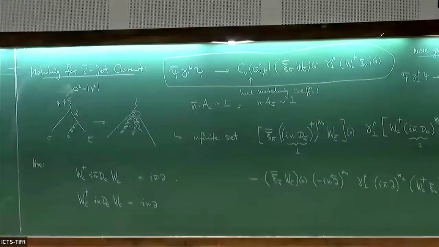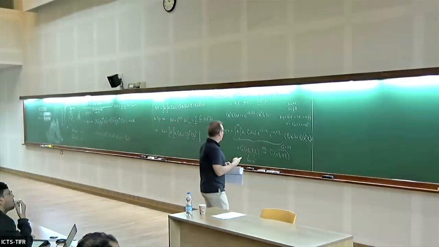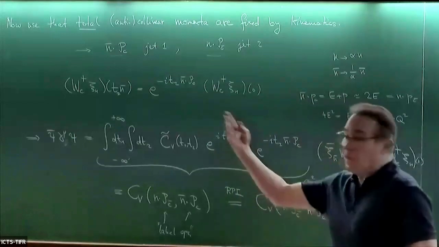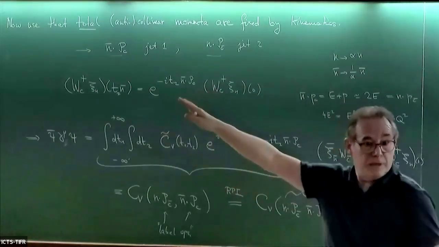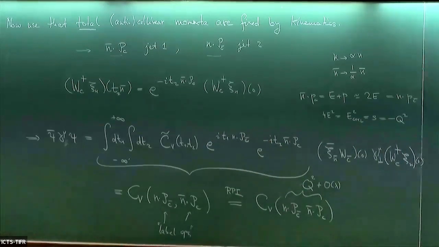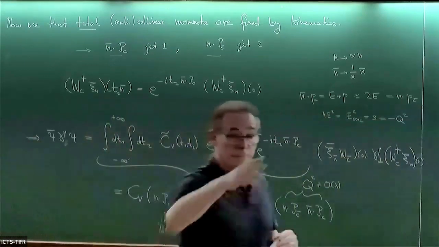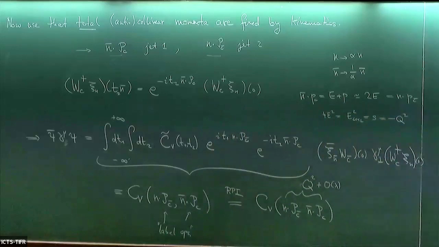At tree level, all we got was these Wilson lines. But once we go to one loop, there will be real hard gluon corrections which build up this coefficient. We'll see in a moment what they are. At tree level, this thing is 1, and then it will get corrections at order alpha strong. We will calculate it now.